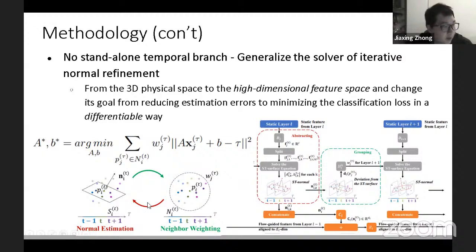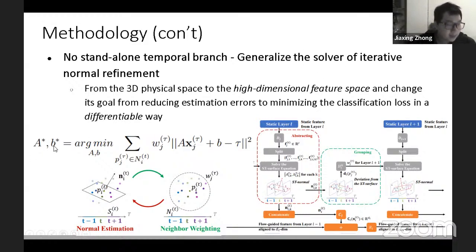The first is the so-called abstracting process, in which a convolution attempts to select the neighbors of a center point, similar to the neighbor weighting process in this solver.